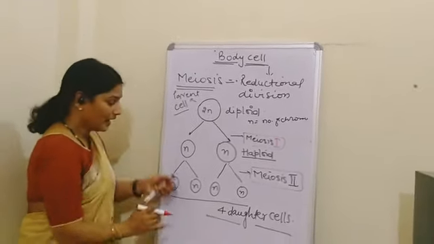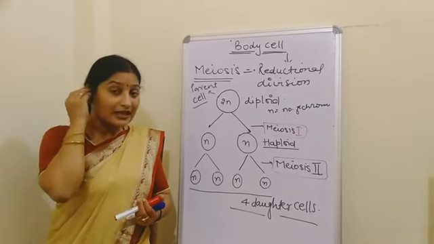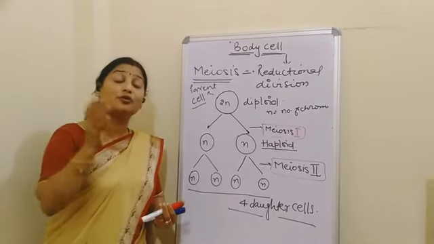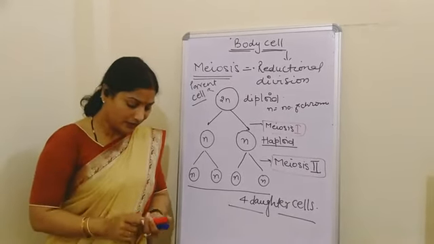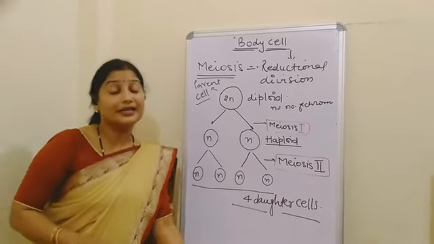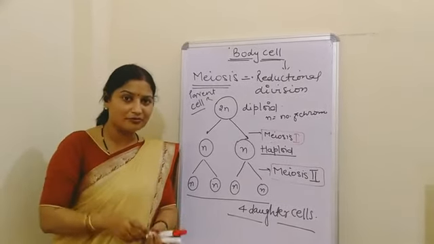Clear? Now, why do we need this meiosis? Children, as I told you, our body cells consist of diploid chromosomes. Now suppose the offspring are formed, then they get cells from the father as well as cells from the mother.